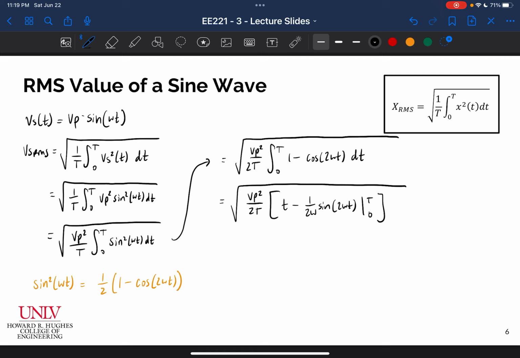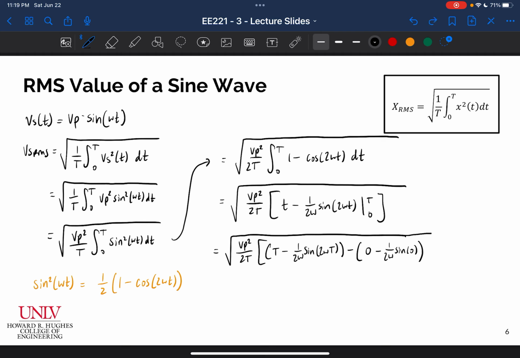and that's going to be going from 0 to T here. And if I go ahead and multiply this out, I'm going to get Vp squared over 2T multiplied by T minus 1 over 2 omega sine of 2 omega T, and then that's going to be minus 0 minus 1 over 2 omega sine of 0.